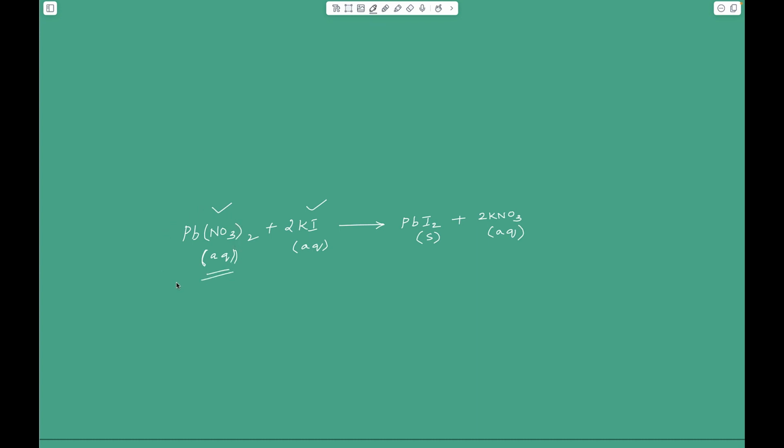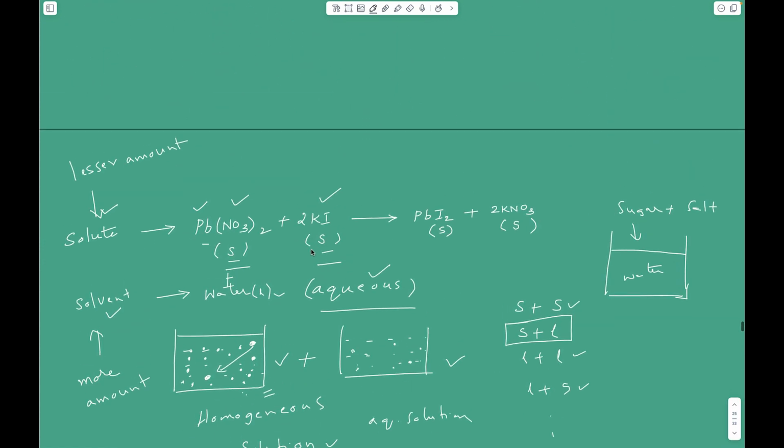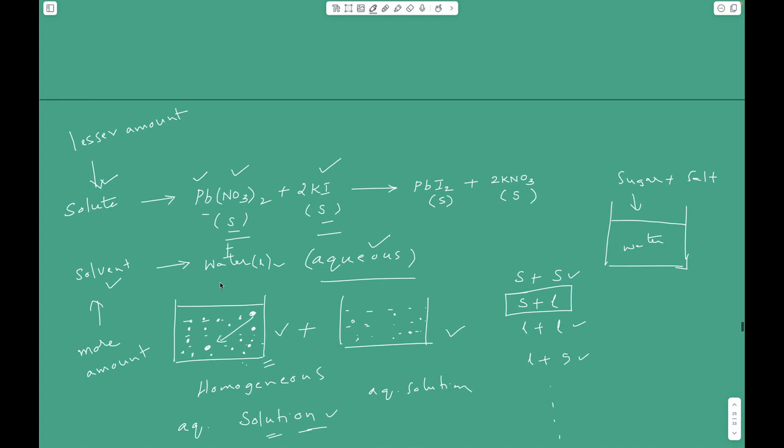So this (aq) means here we took an aqueous solution of lead nitrate. Similarly, here (aq) means we have an aqueous solution of potassium iodide, and this reaction is taking place between these two aqueous solutions. Remember, here I wrote (s).